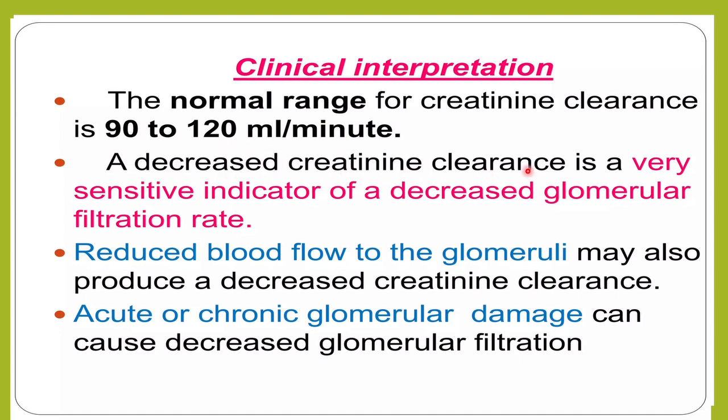A decreased creatinine clearance is a very sensitive indicator of decreased glomerular filtration rate. Reduced blood flow to the glomerulus can also produce decreased creatinine clearance, and acute or chronic glomerular damage can cause decreased glomerular filtration.